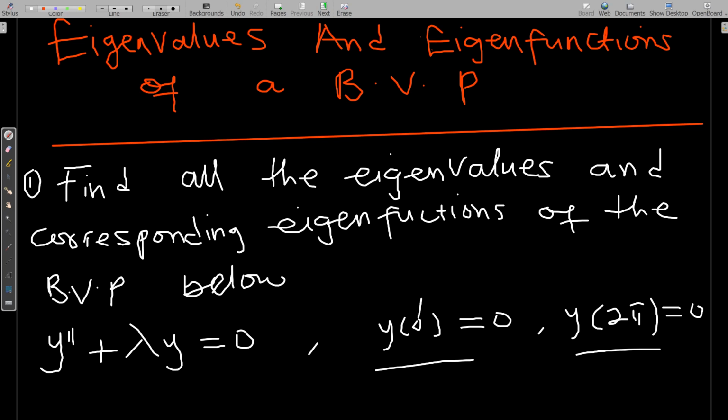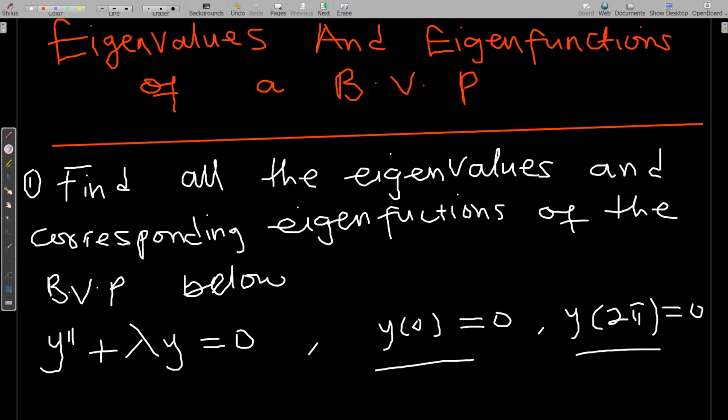So here y of 0 is different from y of 2 pi, so the boundary is 0 to 2 pi. Also the boundary values are homogeneous, meaning their functional values there are 0. Just take note of all these before you start solving.